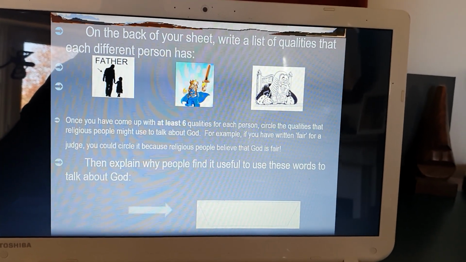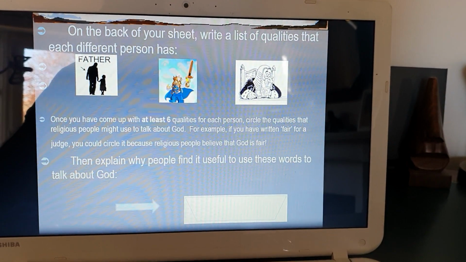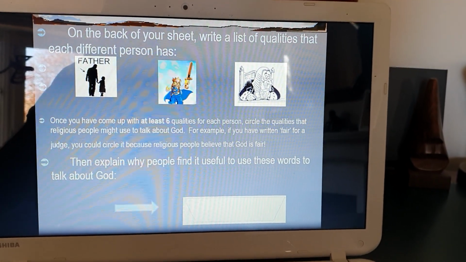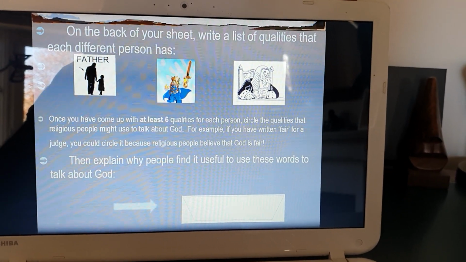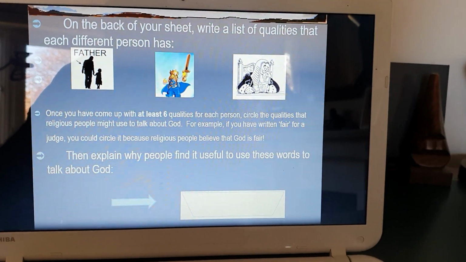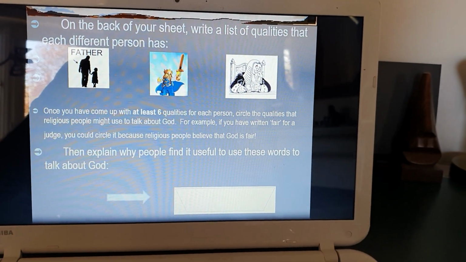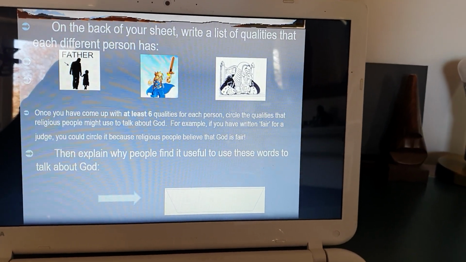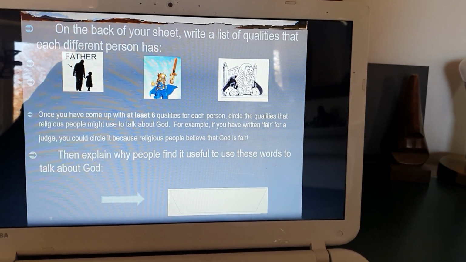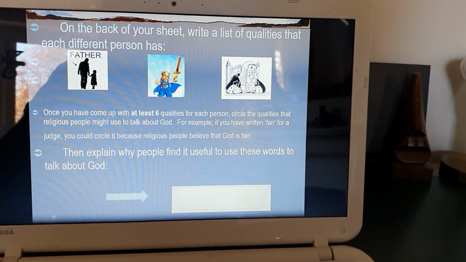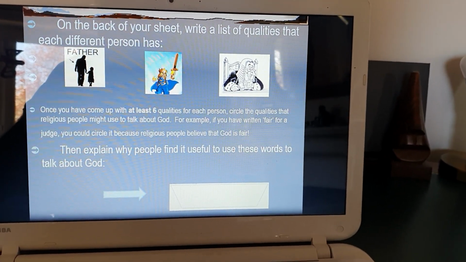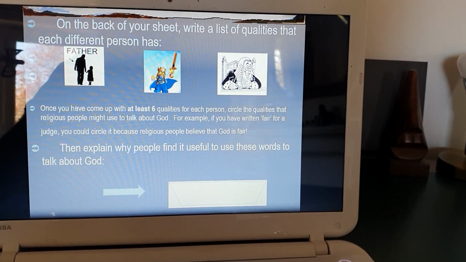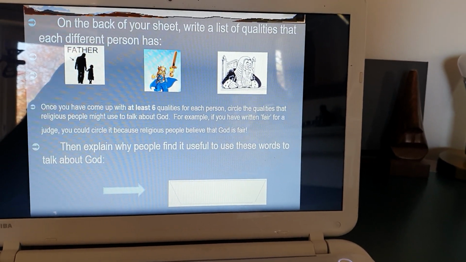See if you can come up with at least 6 qualities for each of those people. And then when you've done that, circle the qualities that religious people might also use to talk about God. So for example, if you've written fair for a judge, circle that, because religious people would definitely say that God is fair and is a good judge. And then underneath, try and explain why people find it useful to use these words to talk about God.